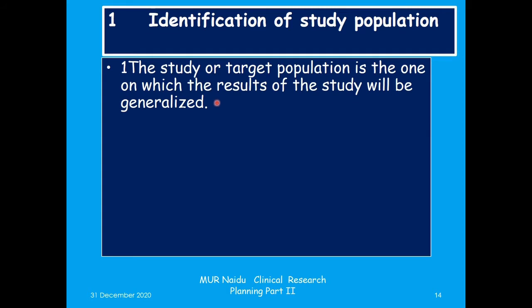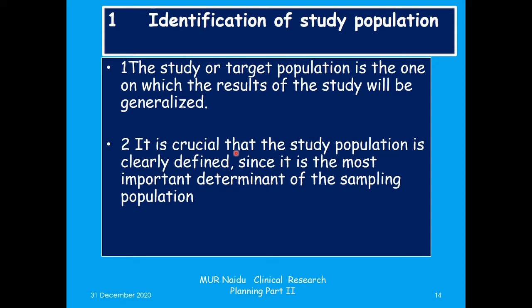And number two, it is crucial that the study population is very clearly defined, since it is the most important determination of the sampling population. So a very clear definition of the sample population has to be put in the clinical research document.